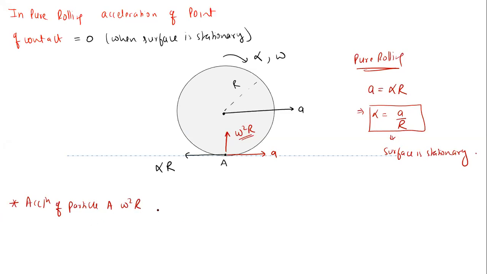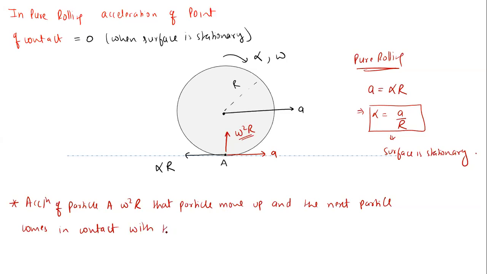Because of this acceleration, the particle moves up, and the next particle comes in contact with the surface. Again we have the same condition that for pure rolling A must be equal to alpha r.